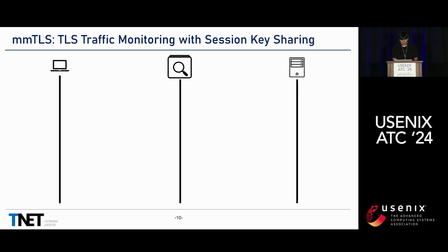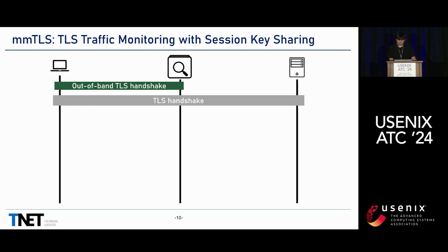Our work, mmTLS, operates on a single connection with out-of-band session key sharing. First of all, the client establishes an out-of-band TLS session to the middlebox for secure key sharing. Then, upon establishing an end-to-end TLS session to the server, the client sends the end-to-end session keys to the middlebox via the out-of-band channel.